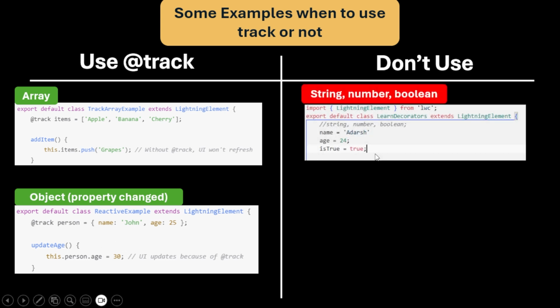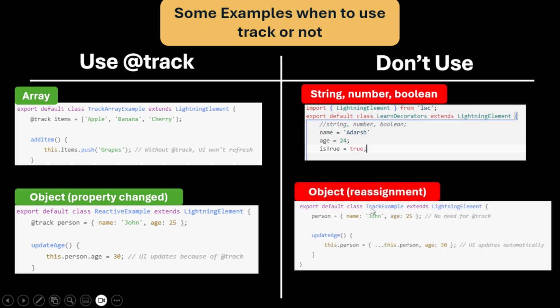When not to use: string, number, boolean. We have seen name, age, is true. These are string and number variables. In this case, we don't need to write @track to make this property reactive, because it is by default reactive after Winter '21 release. And also we don't need to use it in case of reassignment. So person is an object and we are reassigning with this method.